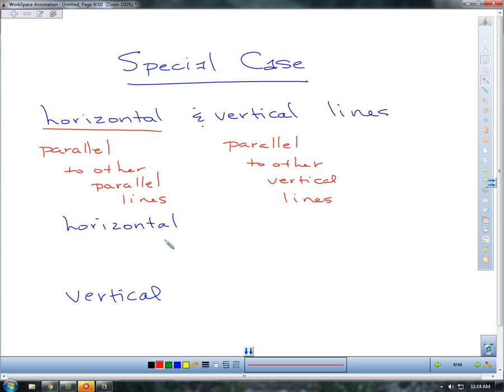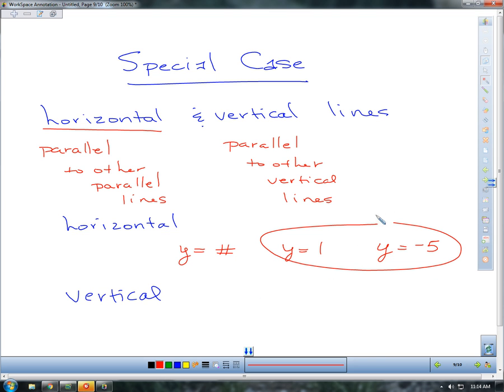And remember, you can determine if a line is horizontal or vertical just by looking at its equation. If you have y equals some number, like y equals 1, for example, that is a horizontal line. So if I want to find a line that's parallel to y equals 1, just change the number. y equals 5. Those are both horizontal lines.